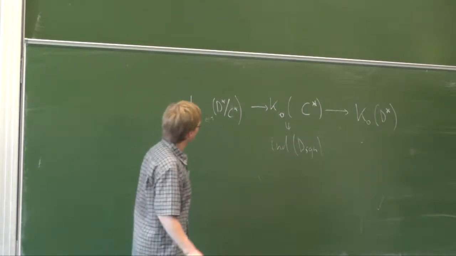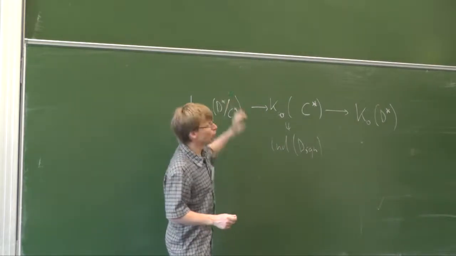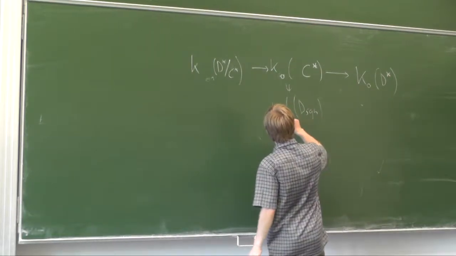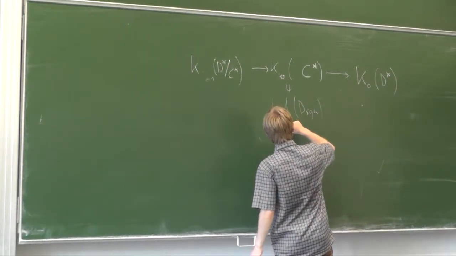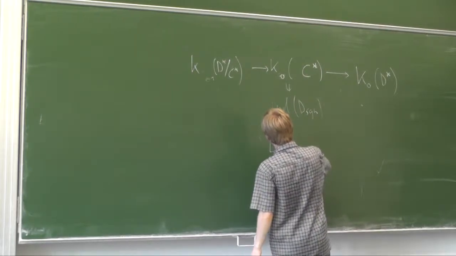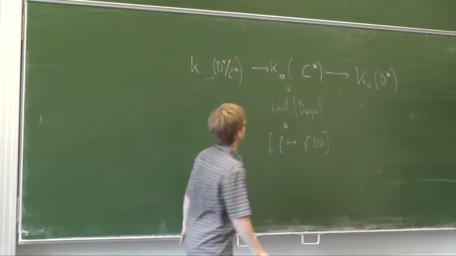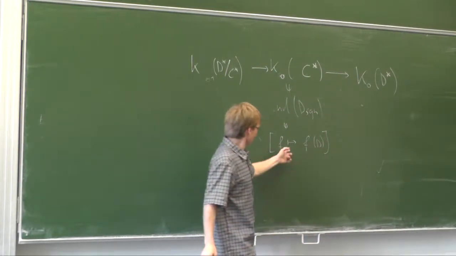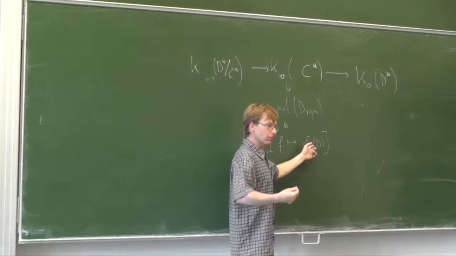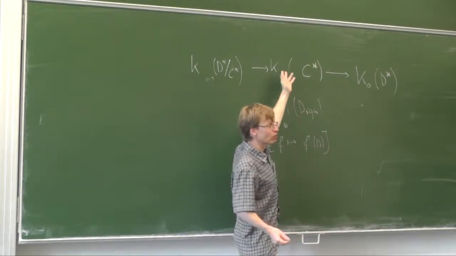So yeah, how can I complete this picture in this homomorphism picture? And that is maybe instructive to see here. So this was the class mapping F to F of D, and the homotopy class of these homomorphisms, or the component of these homomorphisms, is then my element in K0 equal pi 0.